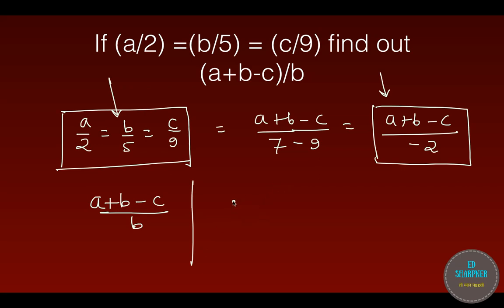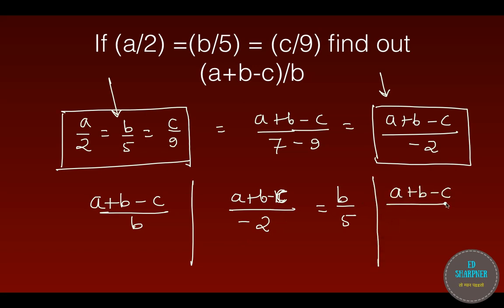So (a plus b minus c) divided by minus 2 is equal to b over 5. Now if I divide by b and multiply by minus 2 on both sides, I'll get (a plus b minus c) divided by b is equal to minus 2 by 5. And that is the required answer in this case.